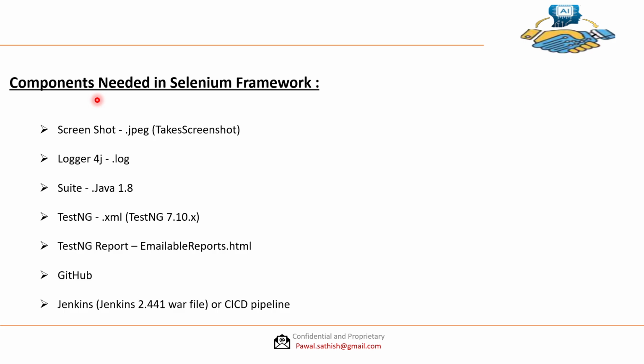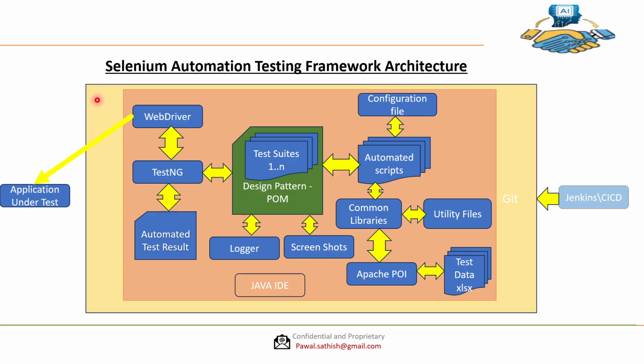You can develop any kind of framework, but all these components are required. Coming to the next part, this is the framework architecture. On the left-hand side is the application under test, which can be any web application, and on the right-hand side is Jenkins.